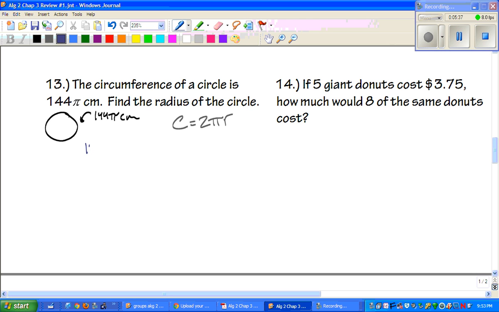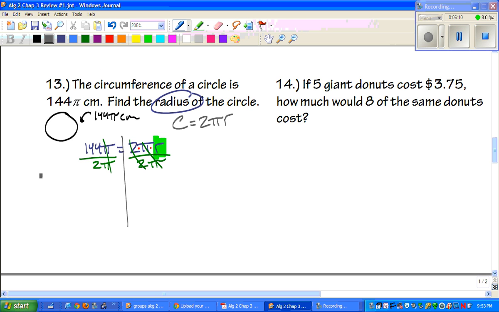So we know the circumference is 144 pi, and that's going to equal 2 pi times the radius, because that's what we're looking for. On both sides, I need to get the r by itself, so I'm going to divide, because all of that is multiplication. Divide both sides by 2 pi.